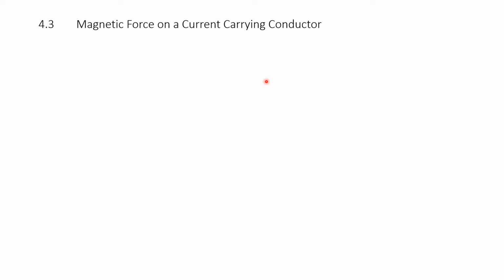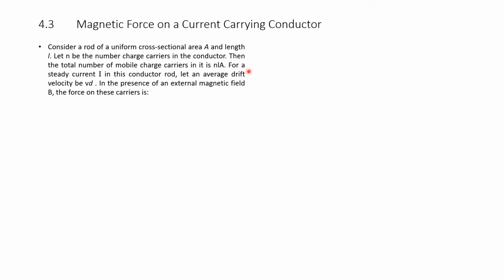Now, let us find out the magnetic force on a current carrying conductor. Consider a rod of uniform cross sectional area A and length L. Let n be the number of charge carriers per unit volume in the conductor.